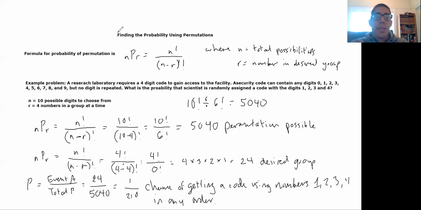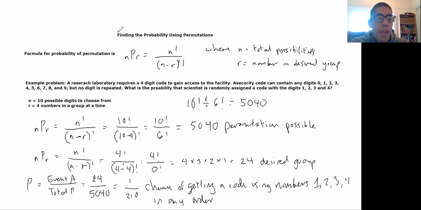I need to find out what is the chance of being randomly assigned a code with digits 1, 2, 3, and 4. So I started with the same formula, n factorial over n minus r factorial, except in this case we're only using the group of 4. The total number of numbers I'm allowed to pick from is only 1, 2, 3, and 4, and the number of numbers in this group happens to be 4.